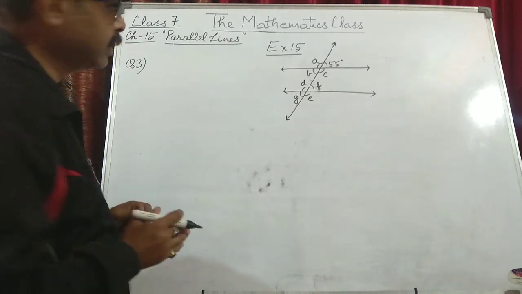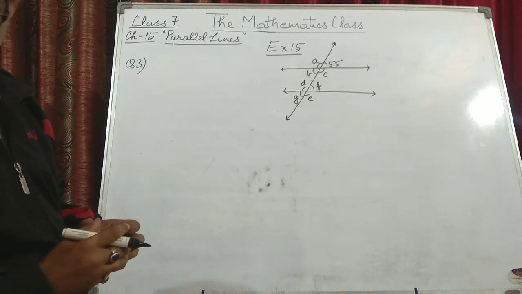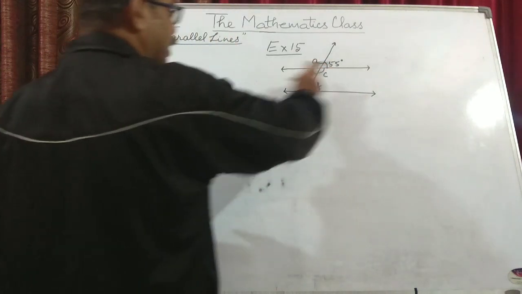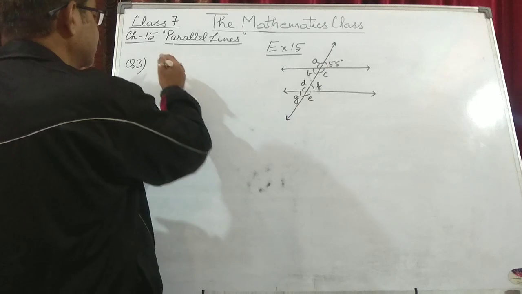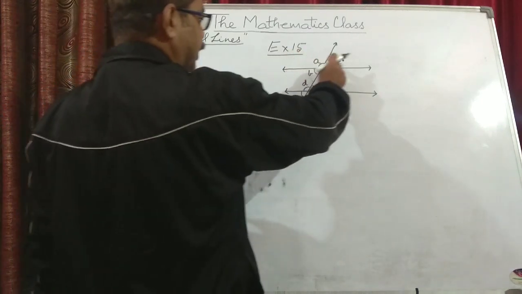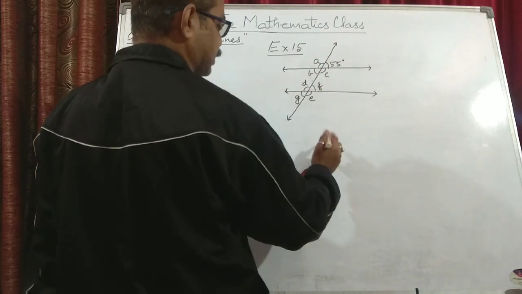Now in question number 3, they say, give the measure of angles A, B, C, D, E, F and G in the figure given alongside. So this is the figure I have already drawn. Now you want angle A. Angle A plus 55 make a straight line.